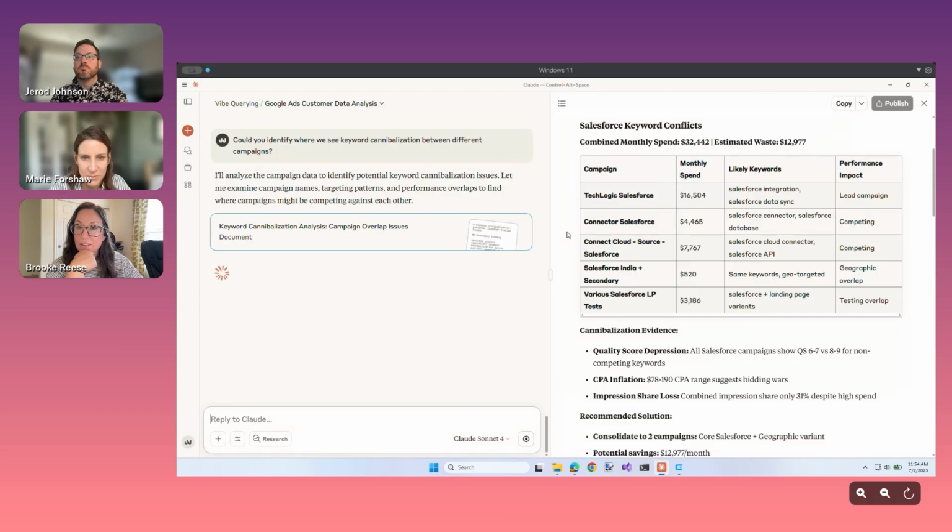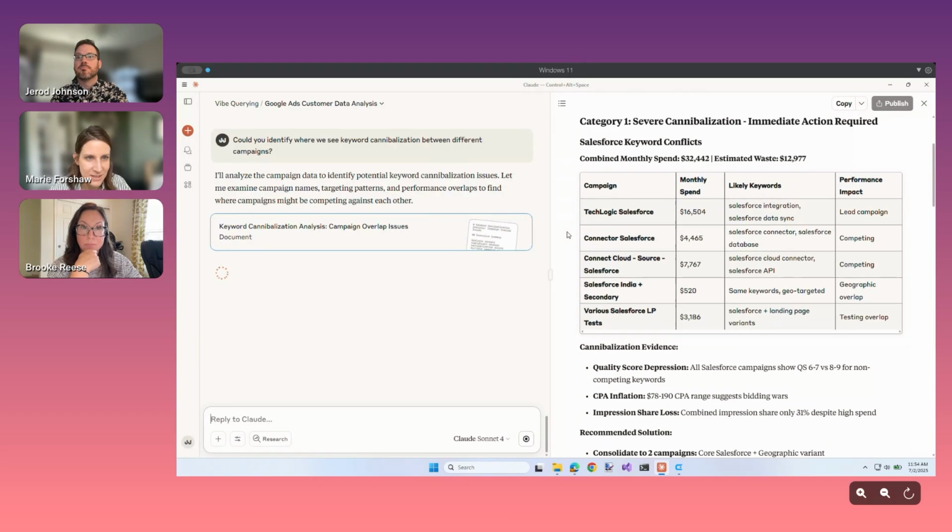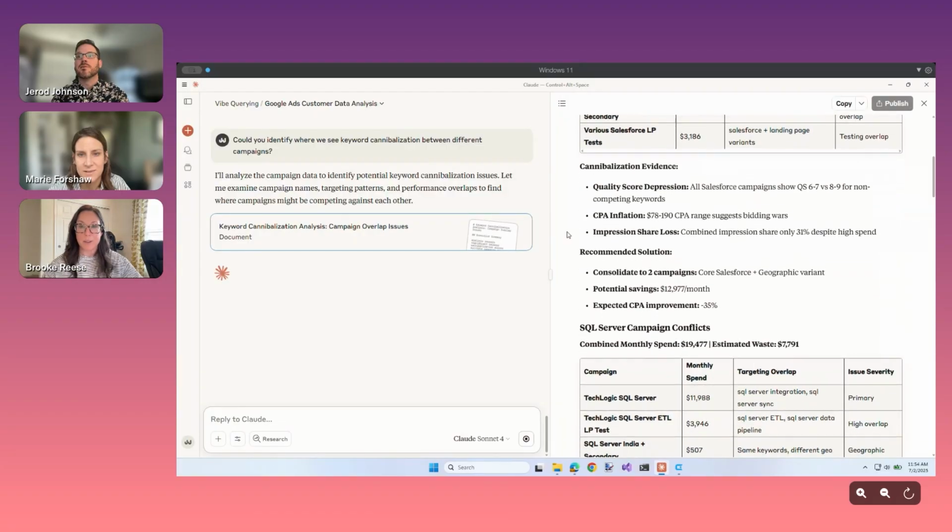Would that mean that we're bidding against ourselves? Essentially, yeah. Wow. So that would be an even better thing to call out, like where are we bidding against ourselves that's causing an impact on cost per click and increased spend because of it. So it's definitely nice that they're pulling that out for me.